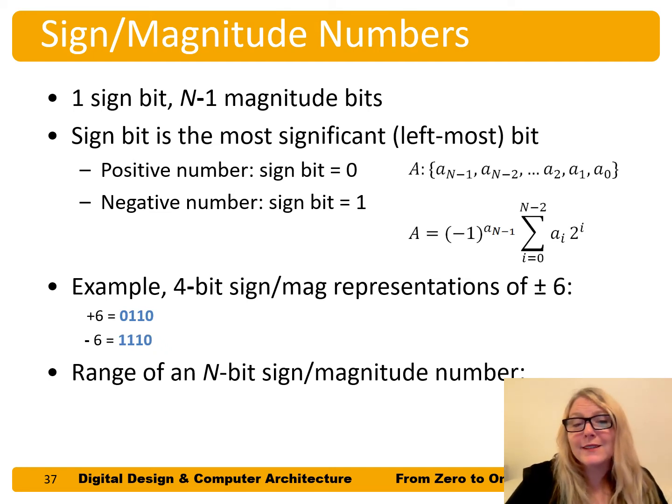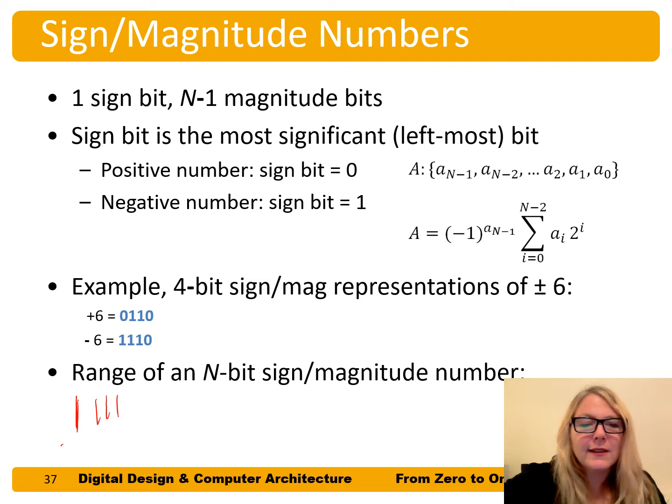So what is the range of an n-bit signed magnitude number? Well, let's start with an example, a 4-bit signed magnitude number. What's the smallest or most negative number that we can represent? We would have a 1 in the sign bit to indicate negative, and then all 1s in our magnitude bits.